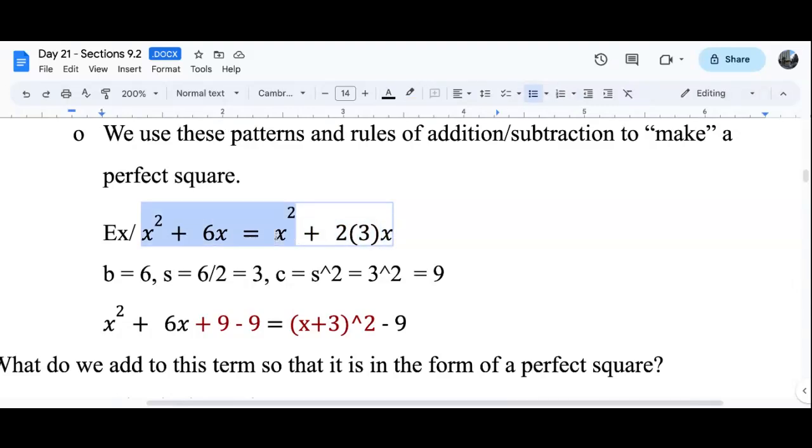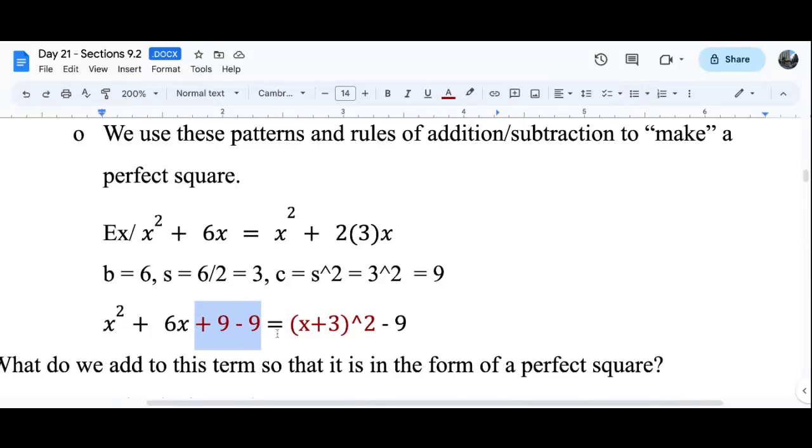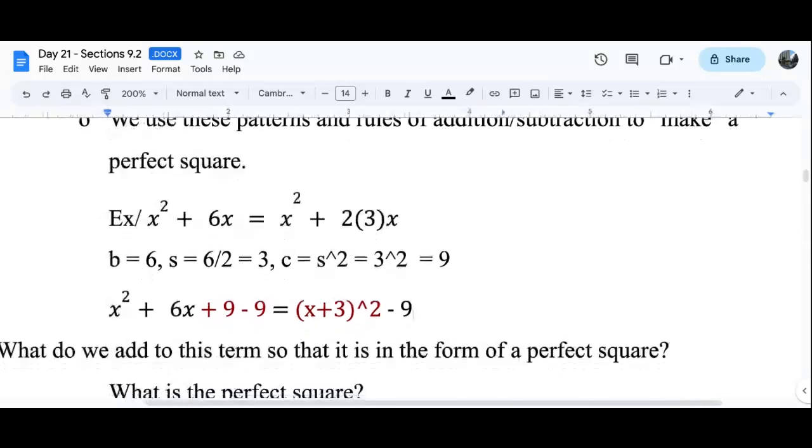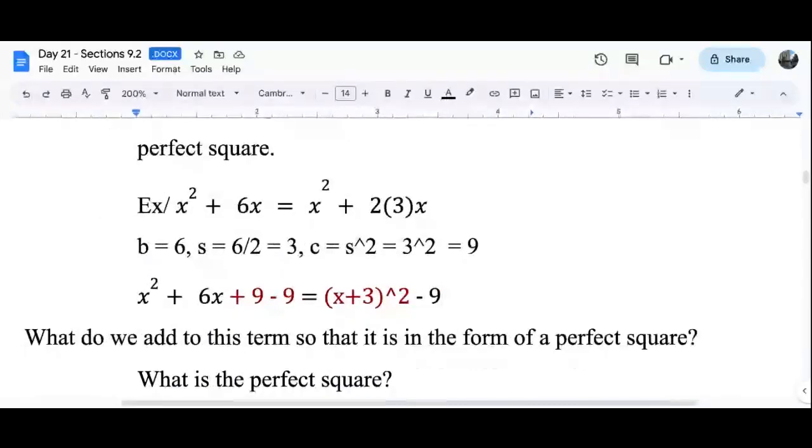We see x is from the first term, so the second term has to be 3 squared. 3 squared is 9. So that's why we add 9, subtract 9. In that case, x squared plus 6x plus 9 is x plus 3 squared. So we have completed our square. Anyone has any question for this?